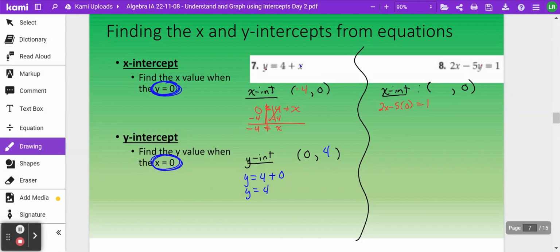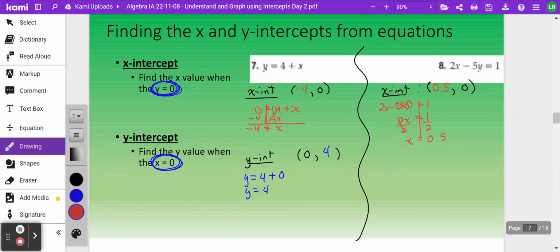And I'm going to solve this problem. Well, 5 times 0 is 0. So I get 2x equals 1. Finish it. Divide by 2. Now I like using decimals for these, 0.5. So there's my x-intercept.